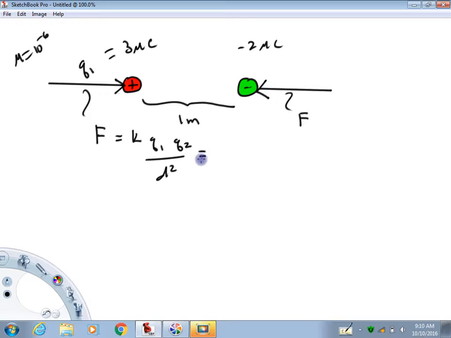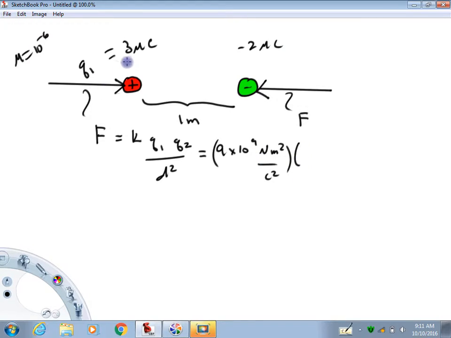So I'm going to go ahead and write that out. All right, K is known as the Coulomb constant. 9 times 10 to the 9th newton meter squared over coulomb squared. And again, if you look in the text, a lot of textbooks will probably read 8.99 times 10 to the 9th. I find it just shorter, easier, and very little error to just say 9 times 10 to the 9th newton meter squared per coulomb squared.